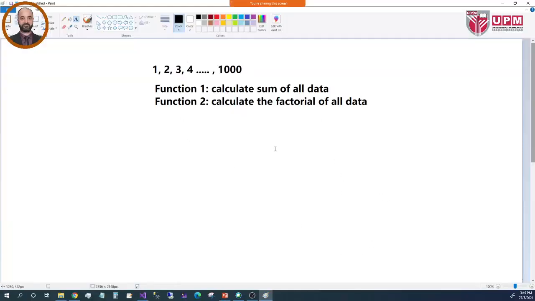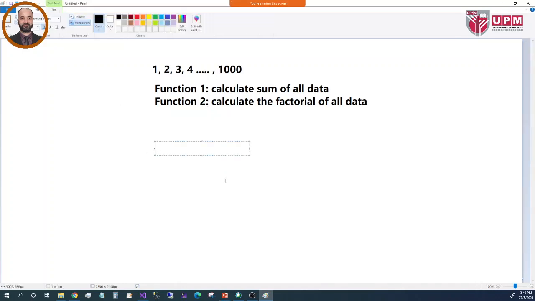Let us take this example. If this is the example, what we can do here is use hybrid mode. We can split the data into two chunks. The first chunk is until 500. This is data chunk 1.